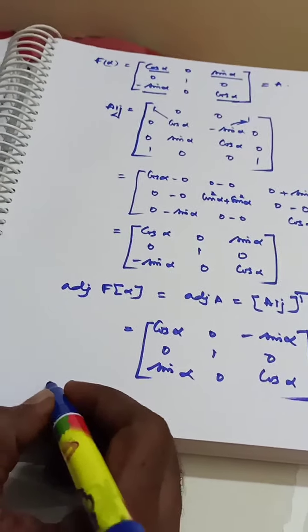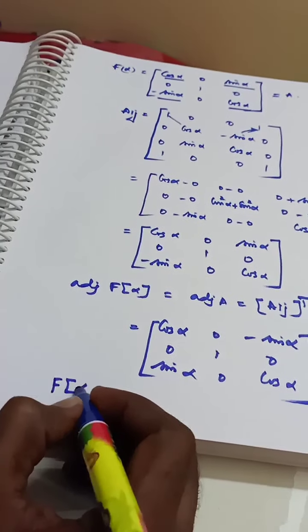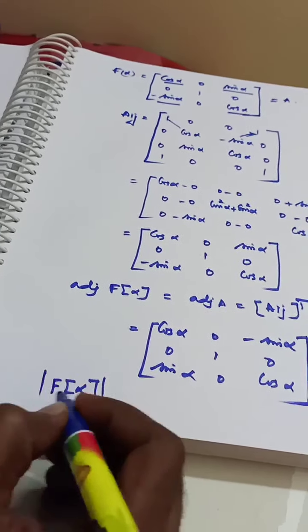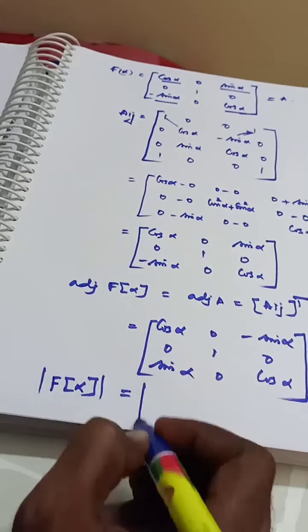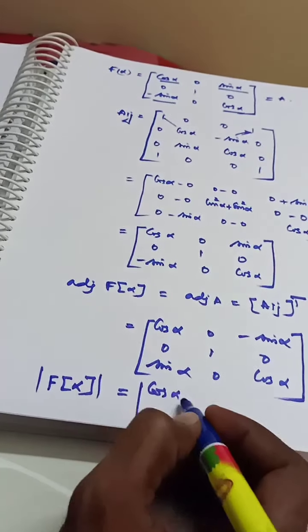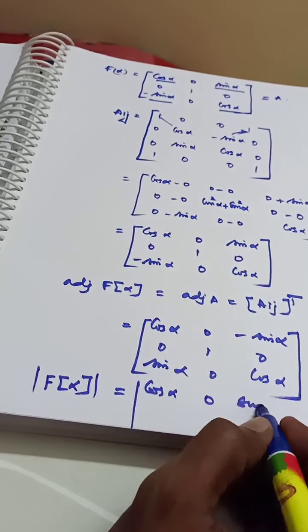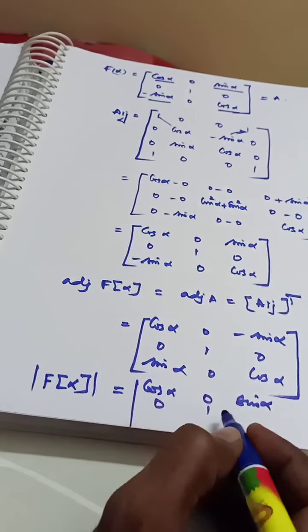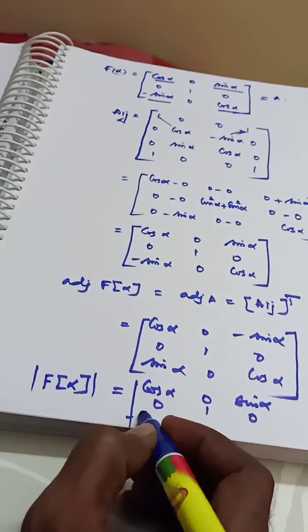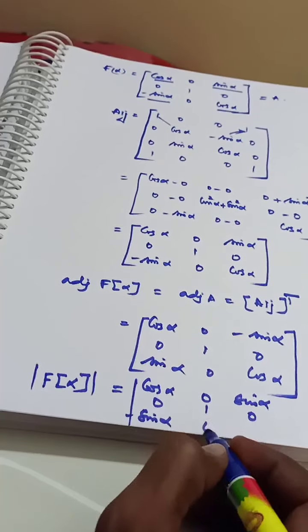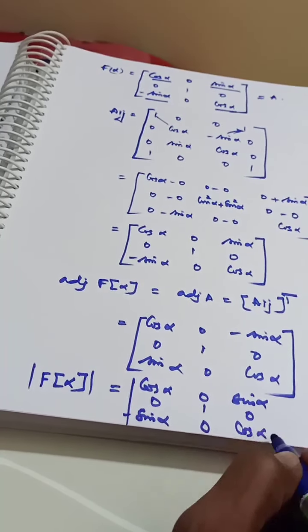Now the determinant of f of alpha is nothing but the determinant of cos alpha 0 sin alpha, 0 1 0, minus sin alpha 0 cos alpha.